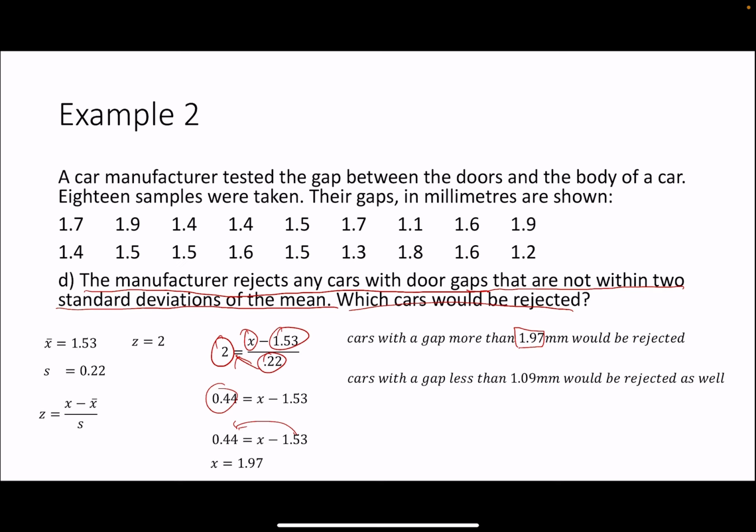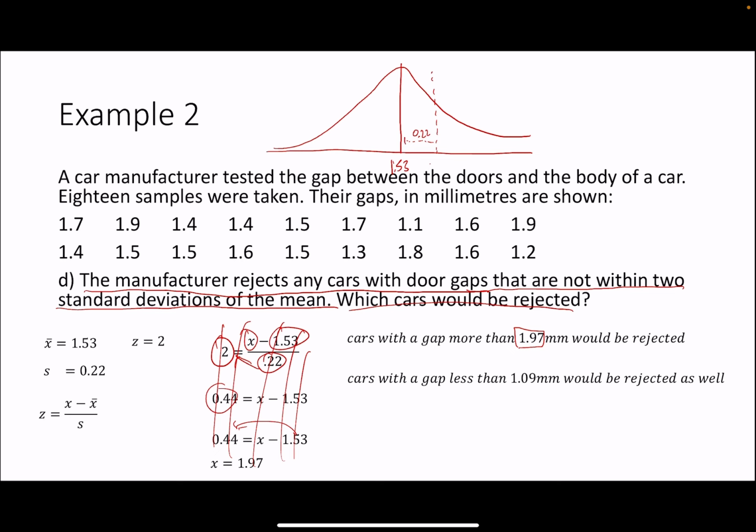So what does that mean? Okay, so another way to do it, I don't really like this method. Another way we can say is we have a mean of, let's draw it out just to explain. The mean is 1.53. This one is 0.22 right there from here to here.